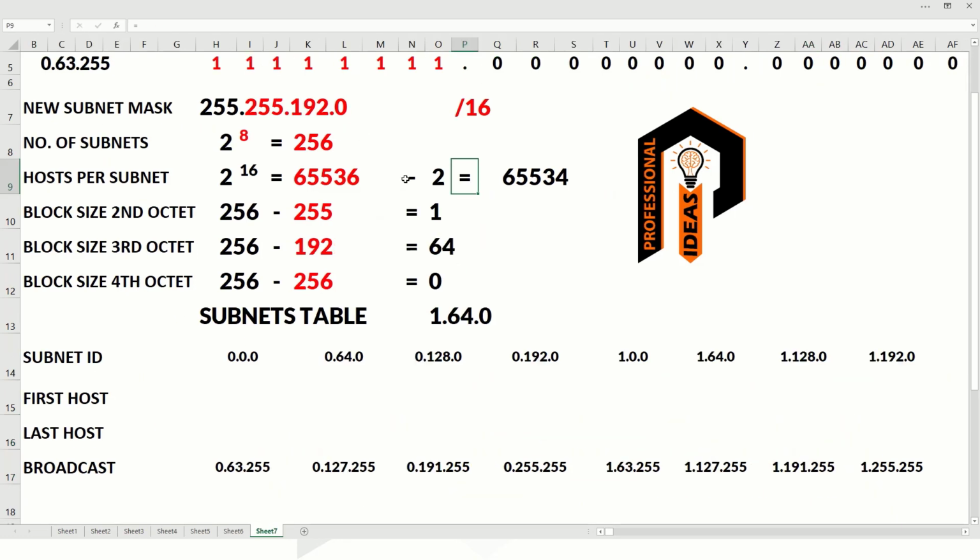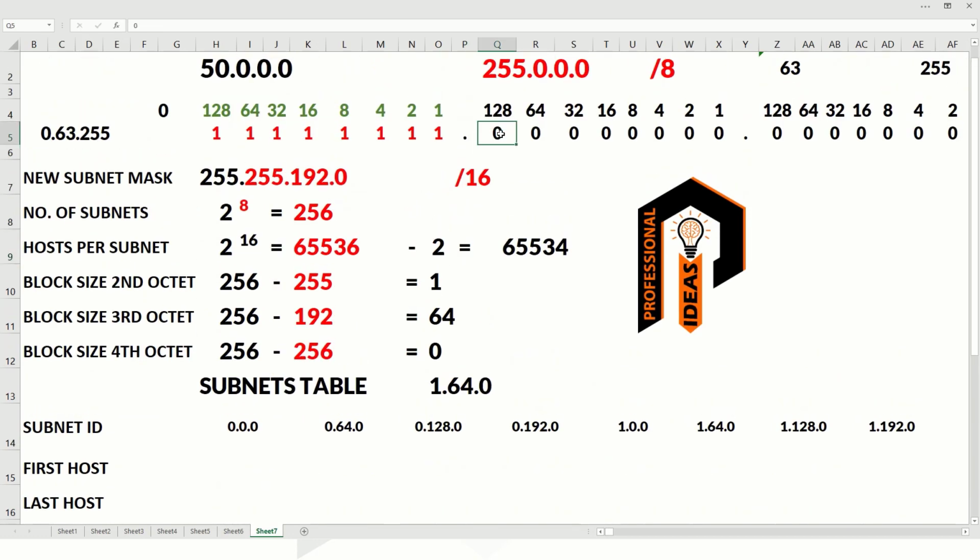Now let's borrow 2 bits from the third octet and let's see what we get. New subnet mask will be 255.255.192.0 and CIDR value will be /18. Note that 255 and 192 is the sum of spot values of borrowed bits.